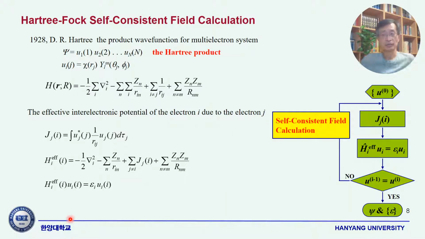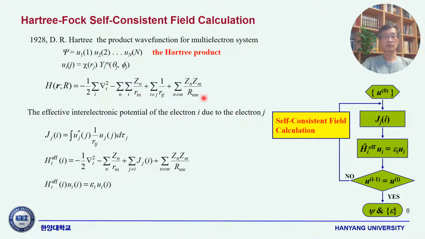Okay, so now we are ready to explain the Hartree-Fock self-consistent field calculation. As I said, Hartree-Fock is very basic in ab initio calculation. Historically, in 1928, Hartree proposed a product wave function for a multi-electronic system. His suggestion is to use an orbital product, which we call the Hartree product, to represent the molecular wave function.